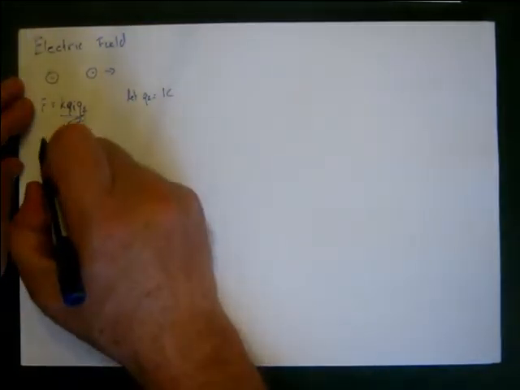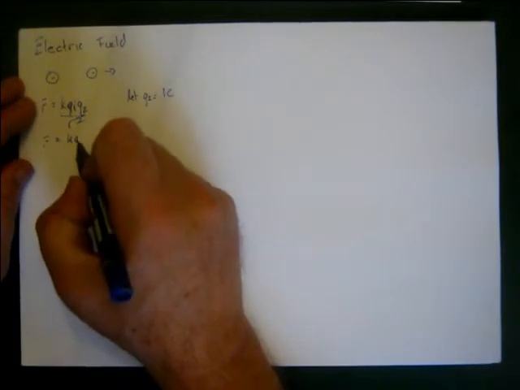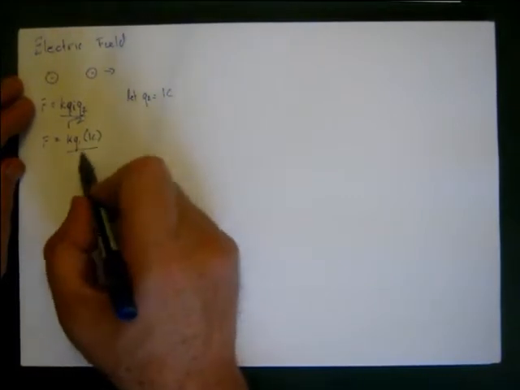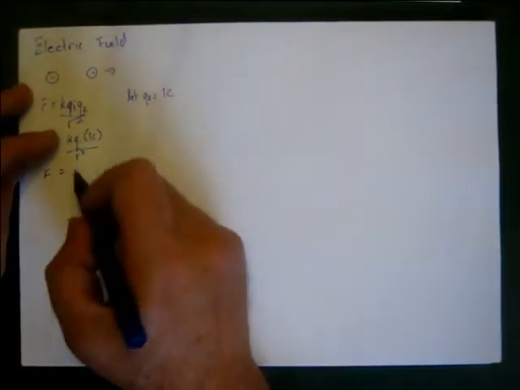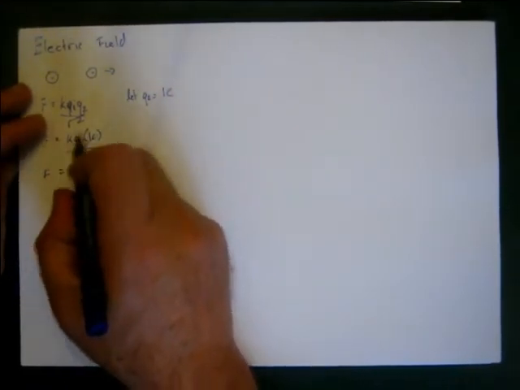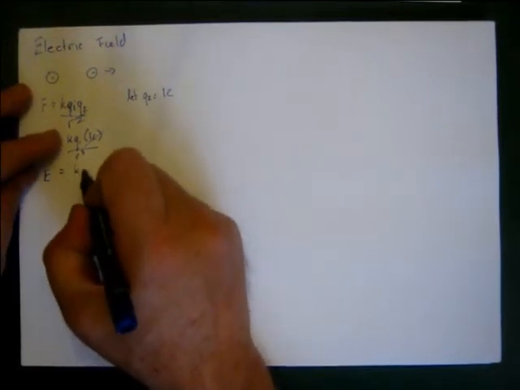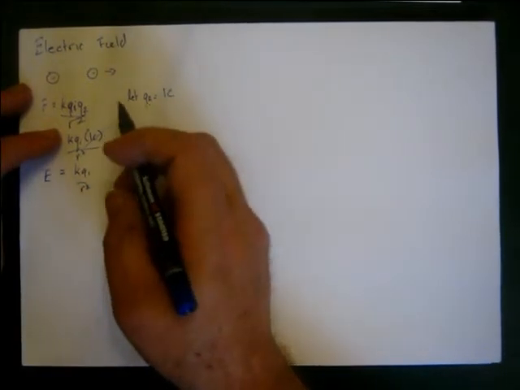So the force is going to equal K Q1 times 1 coulomb over R squared. If you multiply anything by 1 it cancels, so basically the electric field is going to be equal to K Q1 over R squared, which sounds good.